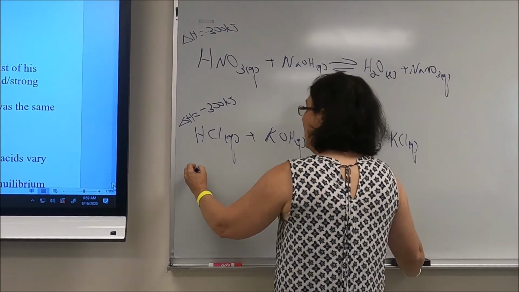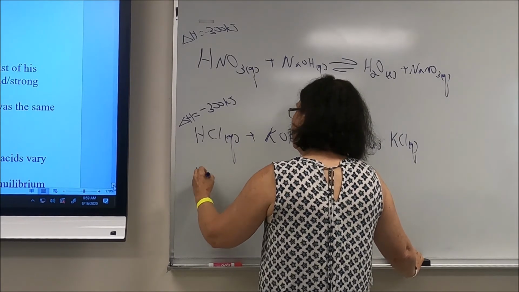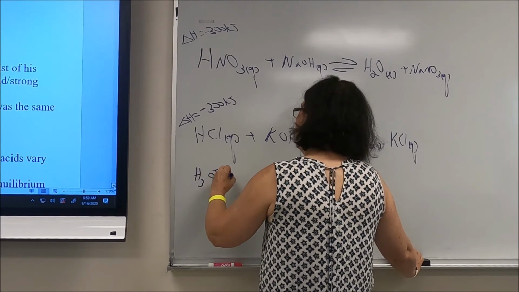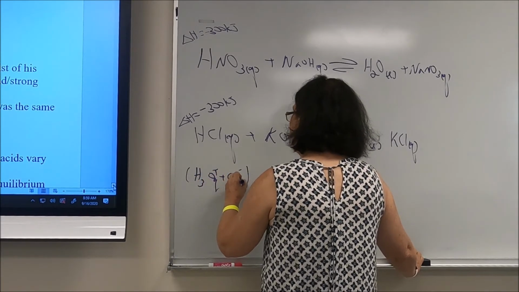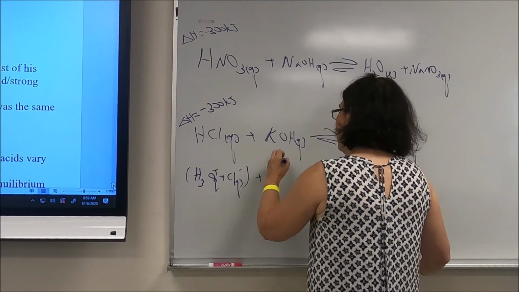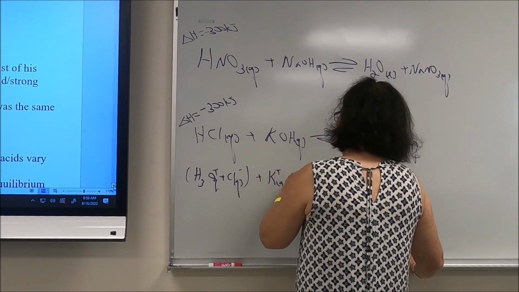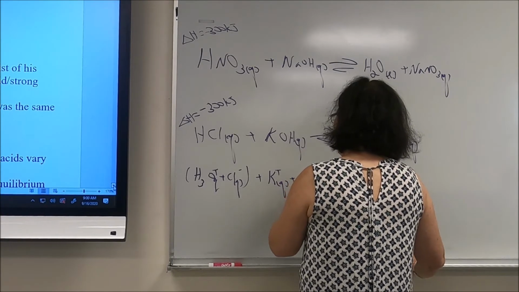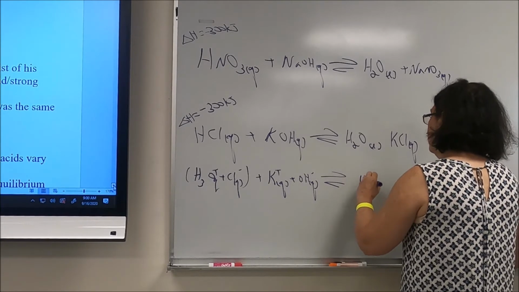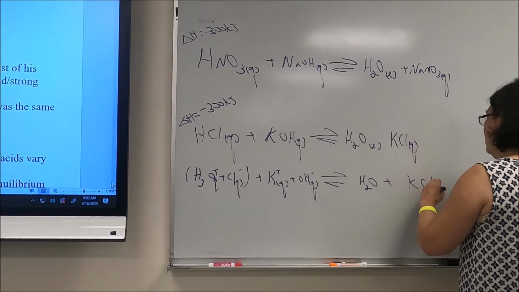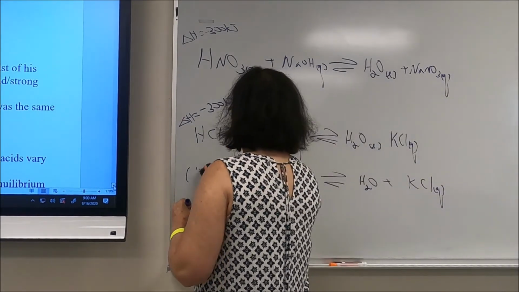Now, if I break down what's going on here, HCl aqueous is hydronium ions plus chloride ions, aqueous. And potassium hydroxide is potassium ions, aqueous, and hydroxide ions, aqueous. And then I got water and potassium chloride aqueous.